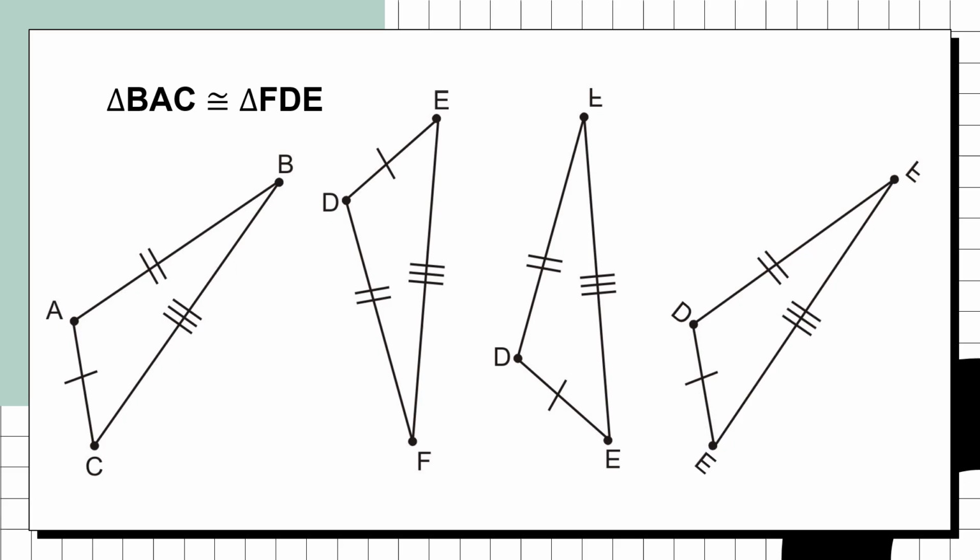Ito ba pareho ba to talaga? Congruent ba talaga tong dalawang triangles na to? If ito ay naka-paper cutout, mas madali, di ba? So, imagine niyo hawak-hawak yung dalawang triangles as paper, di ba? All we have to do is ipagpatong natin silang dalawa, i-check kung pareho ba yung kanilang size, di ba? And shape.